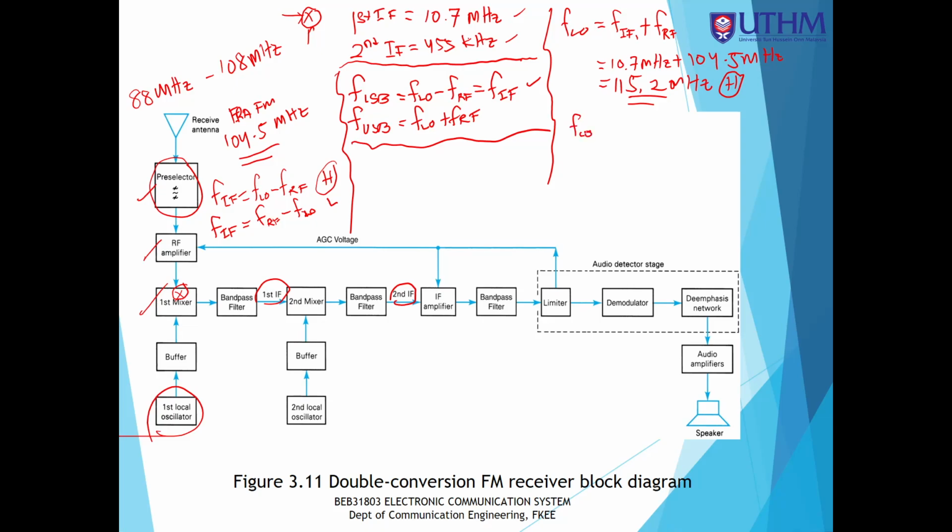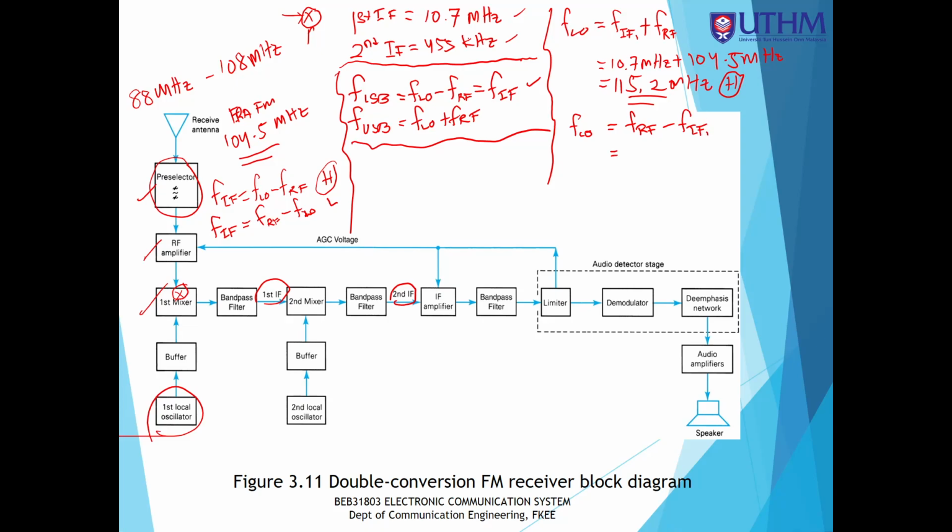Actually here I am explaining two versions, high side injection and low side injection. If I use a low side injection, the local oscillator frequency is lower than the input RF signal. That means FRF minus FIF1.